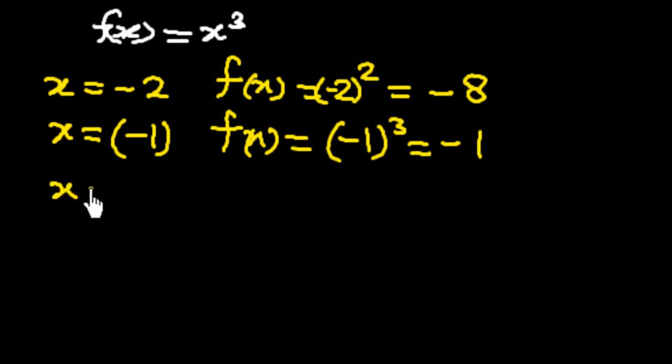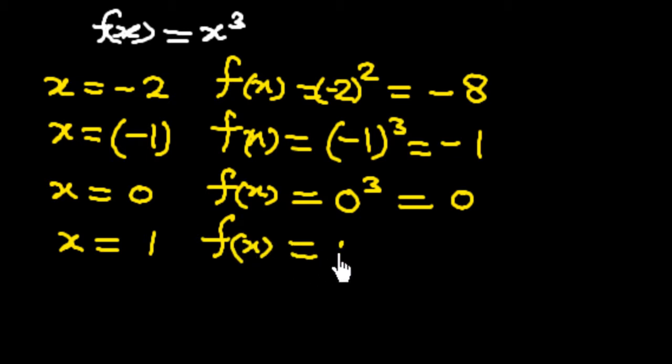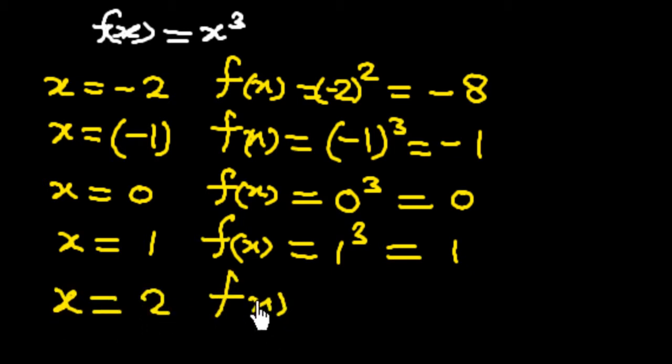If we take x is equal to 0, then f of x is 0 cube, which is also 0. If we take x is equal to 1, we get f of x is equal to 1 cube, which is again 1. If we have x is equal to 2, f of x is equal to 2 cube, which is 8.